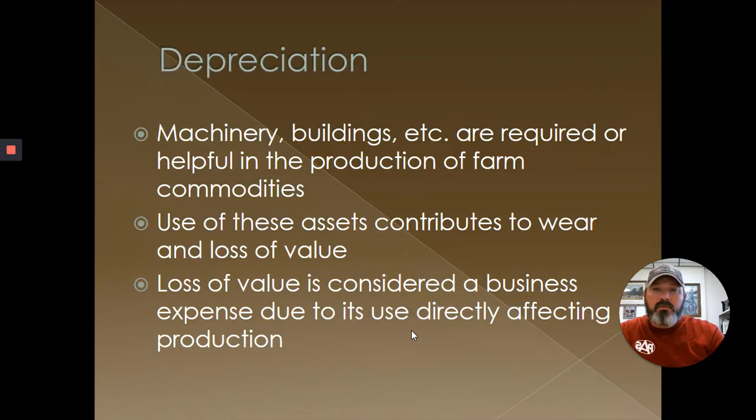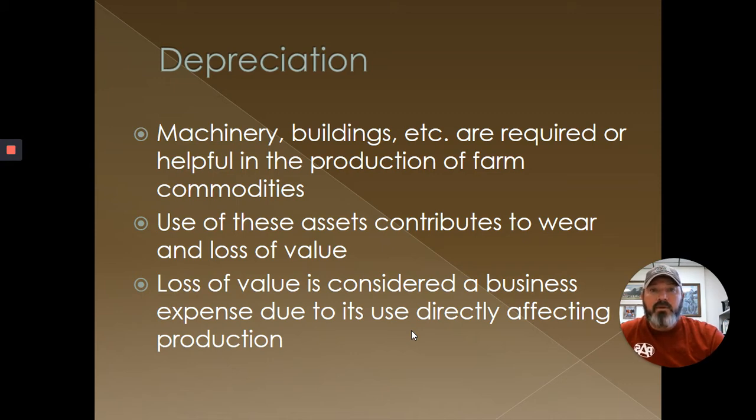First things first, when we hit upon depreciation, we're talking generally about machinery, buildings, anything that is helpful in the production of farm or agribusiness commodities. Basically, all of these assets and the utilization of them contribute to wear and tear and loss in value over time. So that pickup truck that you bought, as you use it over the years, it's not worth as much.